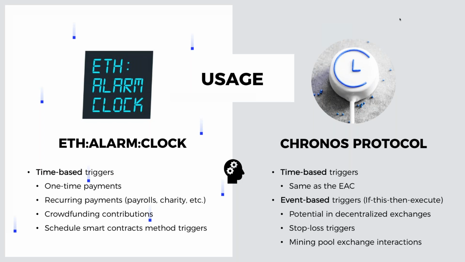And also we have mining pool exchange interactions. With miners, you receive your funds or your payment in trickles. Miners set a minimum of probably 1 ETH or 0.5 ETH to receive their payment.